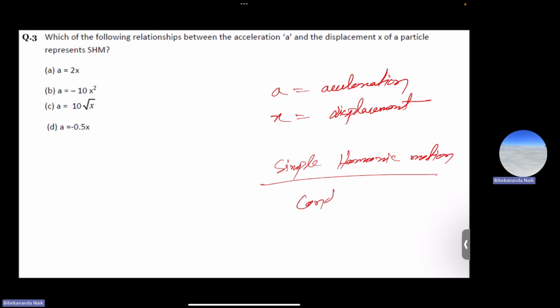So first we need to find what is the condition for simple harmonic motion, and then we will find whether this is a simple harmonic motion or not. So I'll give you a few minutes to solve this question and then we will discuss.